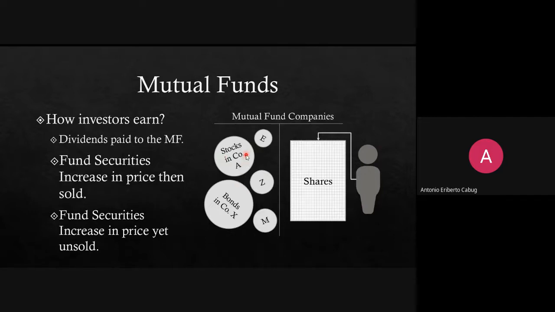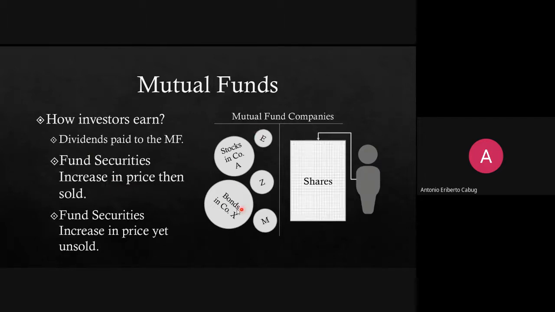If you are not going to sell the stocks of E, we call it unrealized gain. Fund securities increase in price, not yet sold. If you are going to sell E at 8, after you bought it at 5, we call it realized gain. Fund securities increase in price and then sold. Okay?